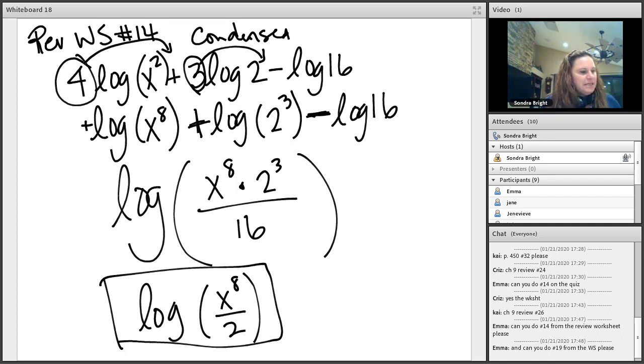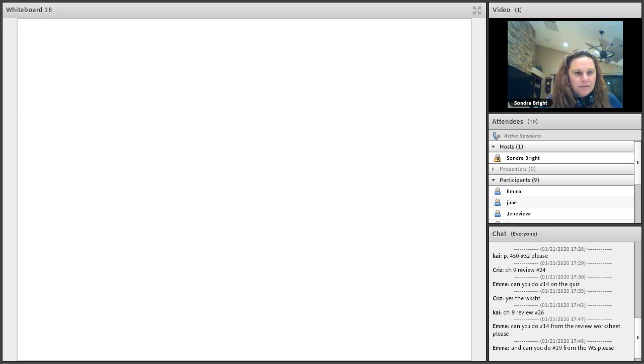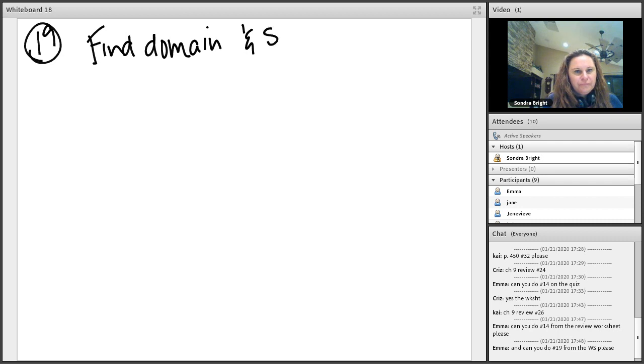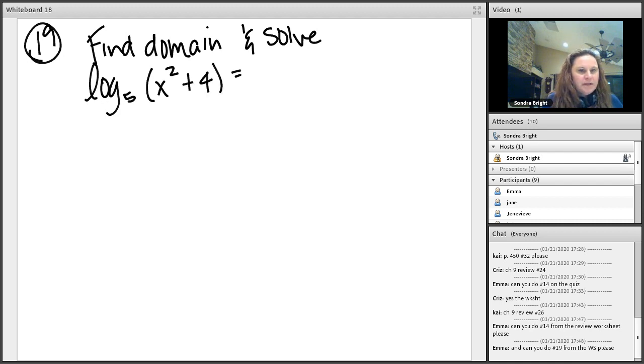Number 19 from the worksheet. Find the domain and solve. All right, so we got log base 5 of x squared plus 4 is equal to 3.